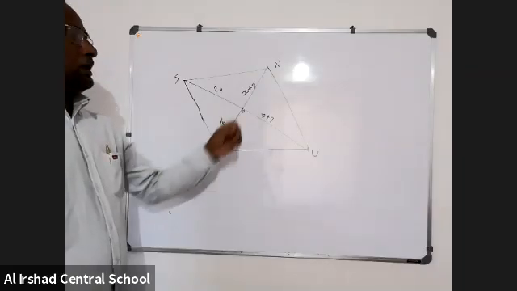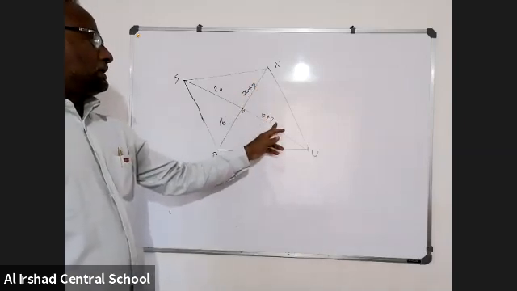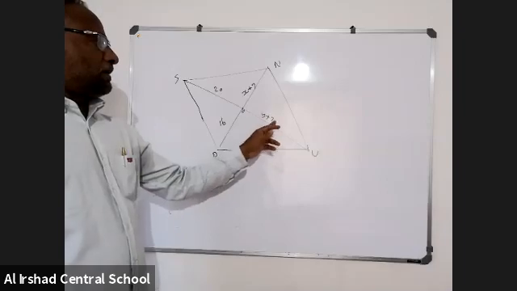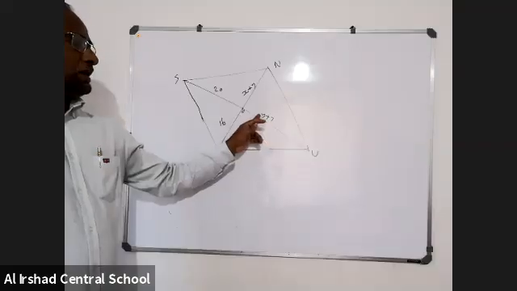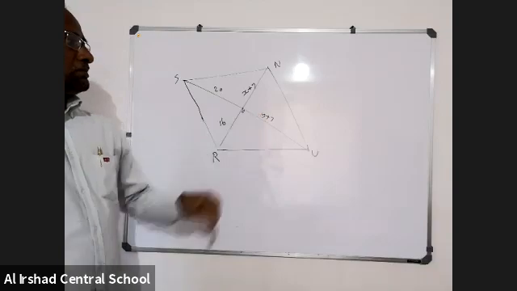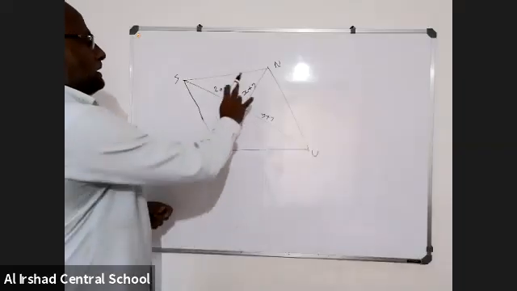But we have to use it here. From here, what can we find out? We can find out Y. Y is how much from here? 13. So that is the way we can apply.